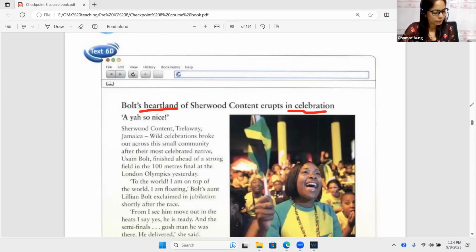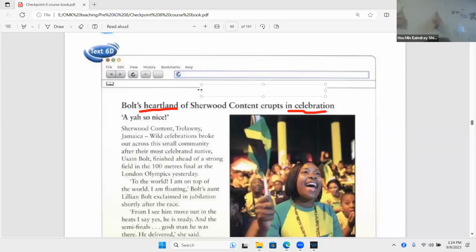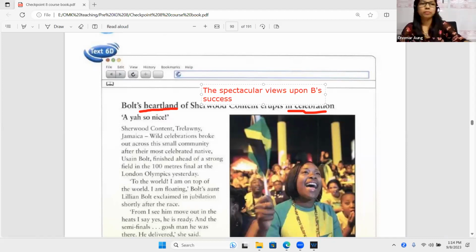Who wants to try the summary? Spectacular view for both sessions. Nice.